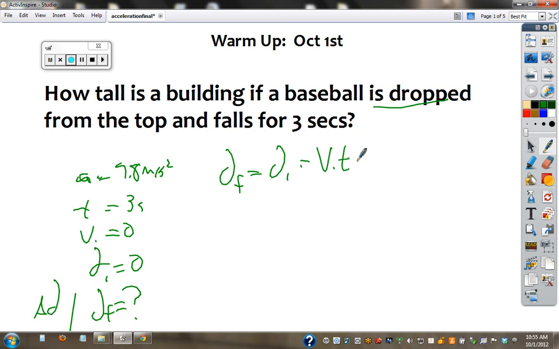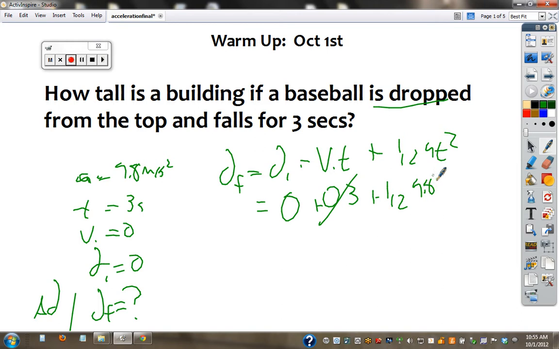Distance initial plus velocity initial times time plus 1/2 AT squared. 0 plus 0 times 3 is 0 plus 1/2 9.8 times 3 squared equals 4.9 times 9, which equals, do I have a calculator?